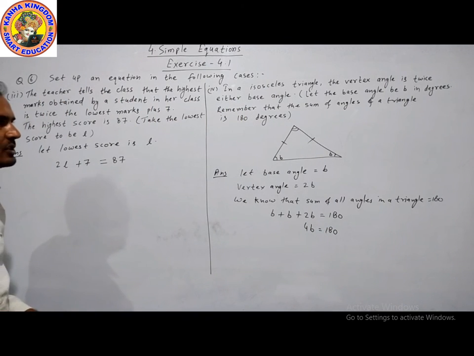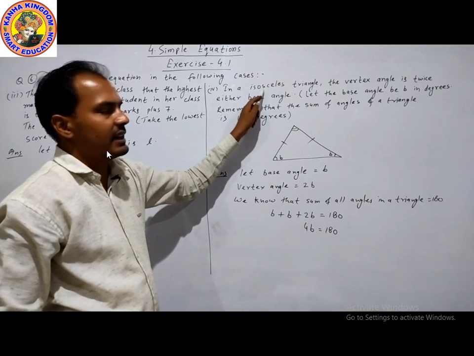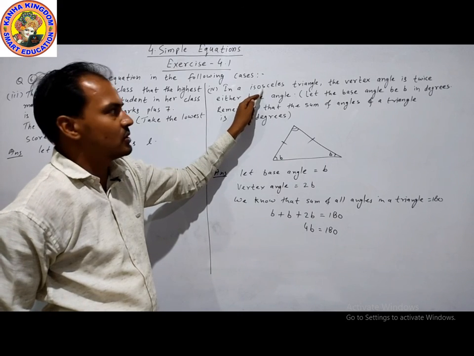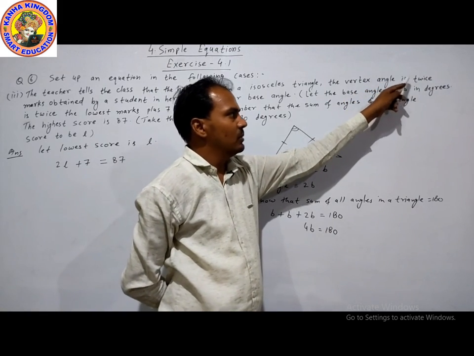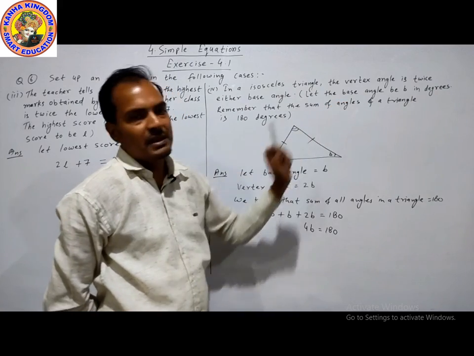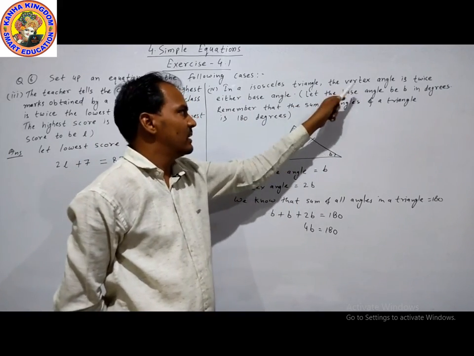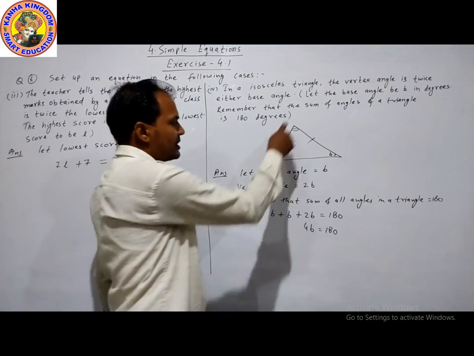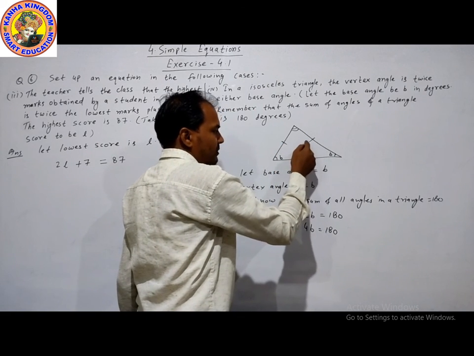Let's begin from this equation. In an isosceles triangle, two sides are equal and the respective two angles are also equal. Vertex angle is equal to twice the base angle, 2 times the base angle. Base angle is B, so the vertex angle is 2B. This is our isosceles triangle with these two sides equal.